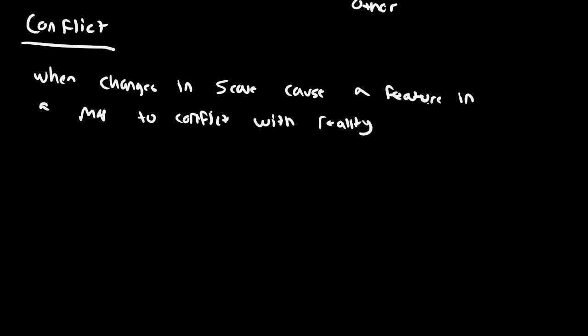And so the best example I could give, I'm going to do my best to sort of draw here. So let's say at the large scale, we have this peninsula.